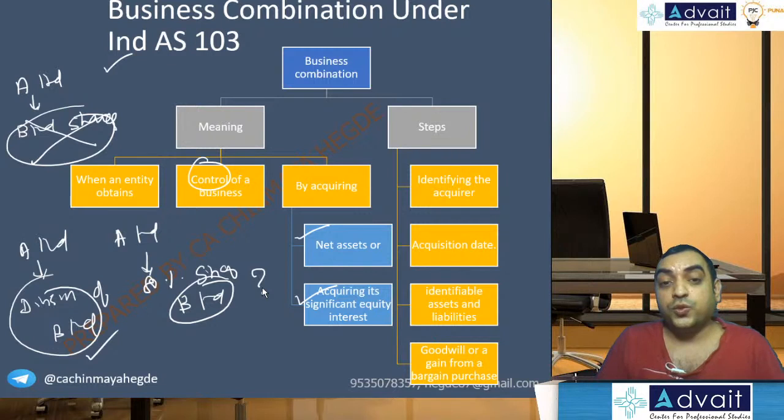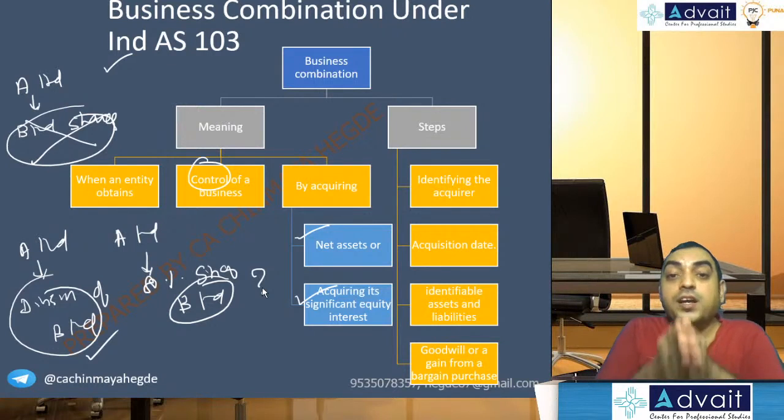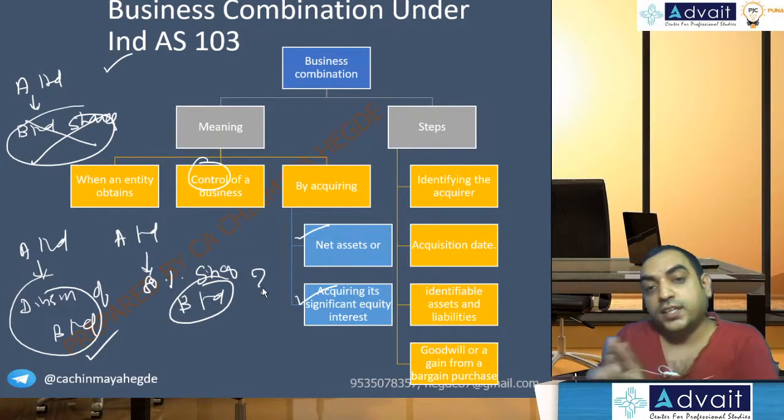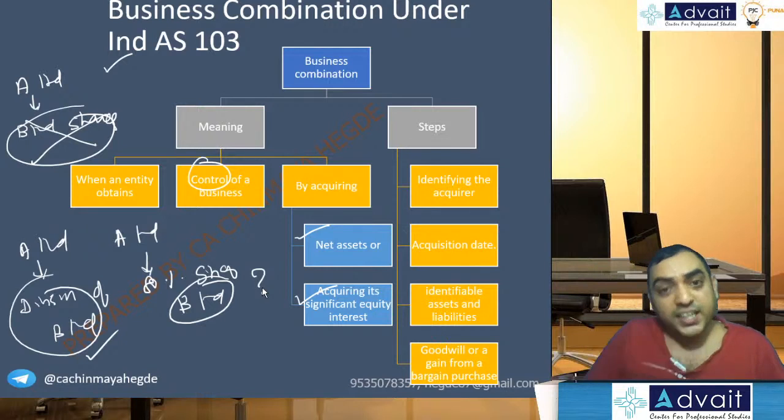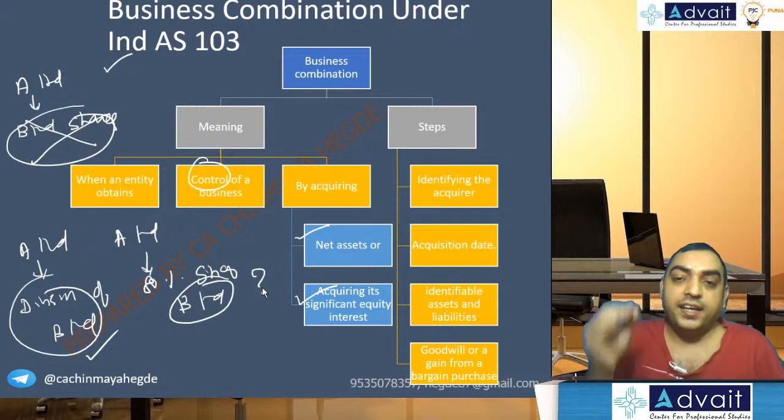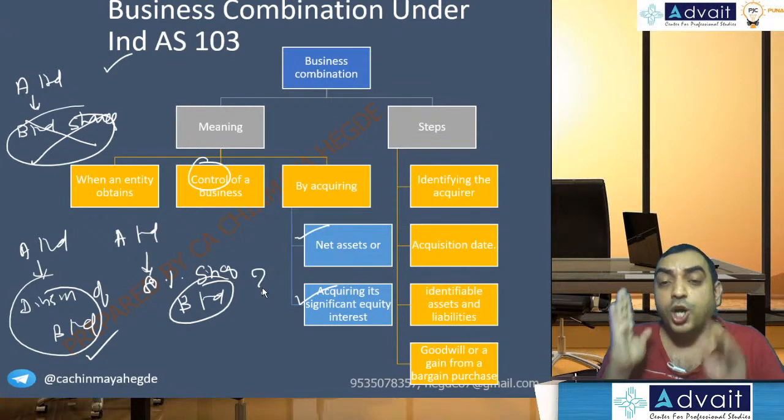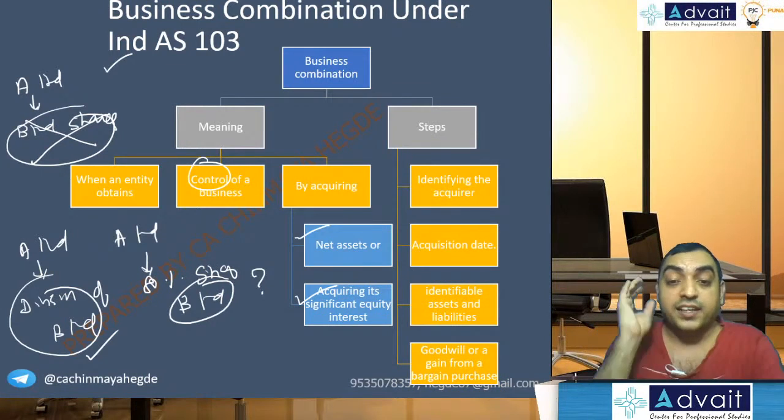Ind AS 103. So initial recognition at the time of acquisition, Ind AS 103 applies when the control is obtained. Subsequently, on balance sheet date, Ind AS 110 is applied. I hope you got that basic clarity.